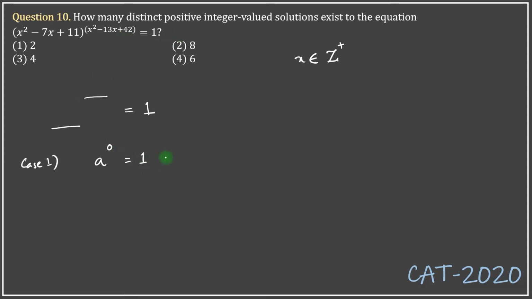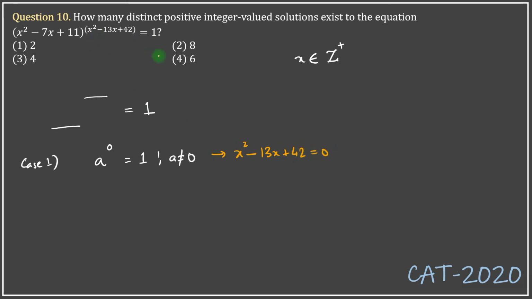But the only thing that we need to ensure in this case is that the base should not be 0, because 0 raised to the power 0 is not defined. So in the first case we get x square minus 13x plus 42 equals 0.